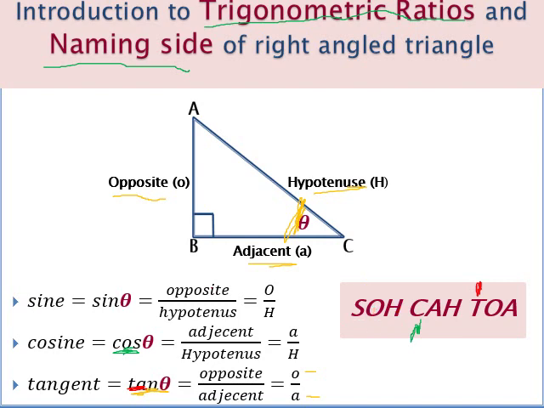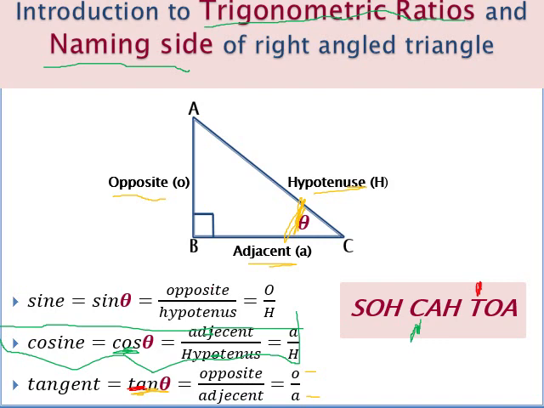Now, in terms of that CAH, we know by now that C stands for cos, that A is for adjacent, and that H is for hypotenuse. So that CAH summarizes this whole trigonometric function.